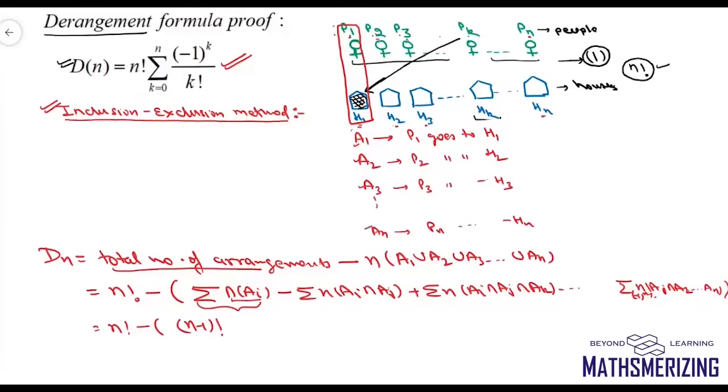Another way of doing it is, I have to select only one person, and this one person can be selected in nC1 ways. So I can write nC1 into factorial n minus 1.